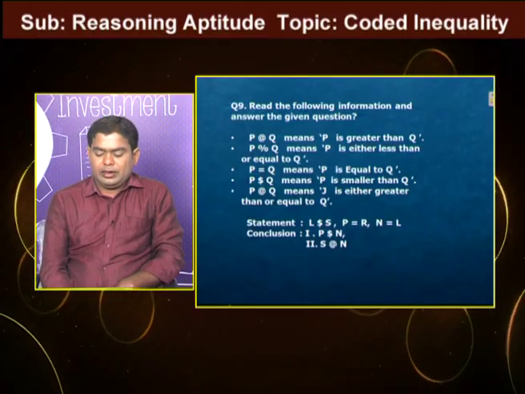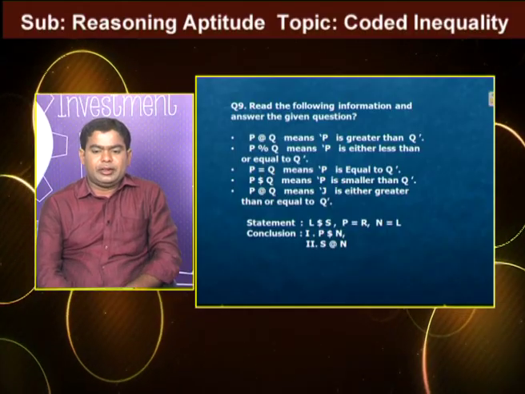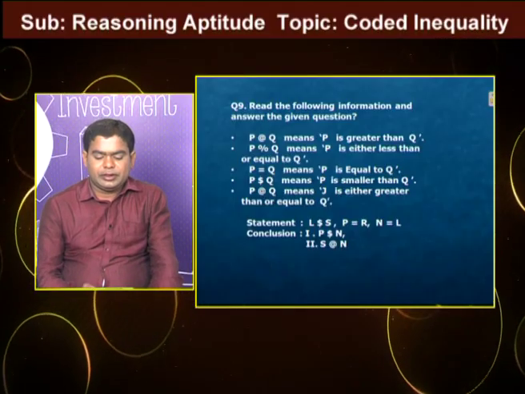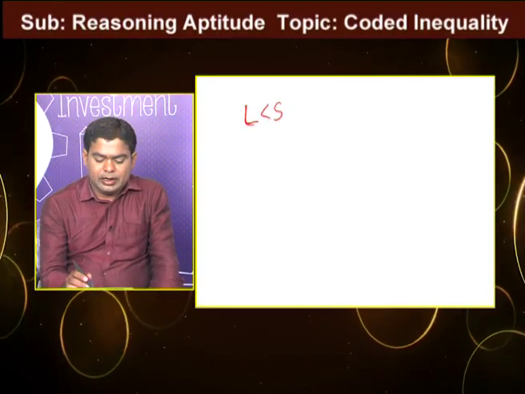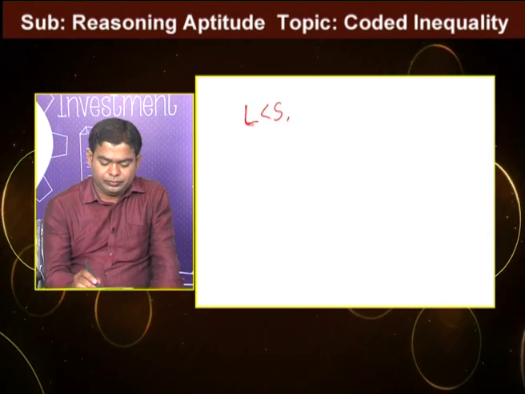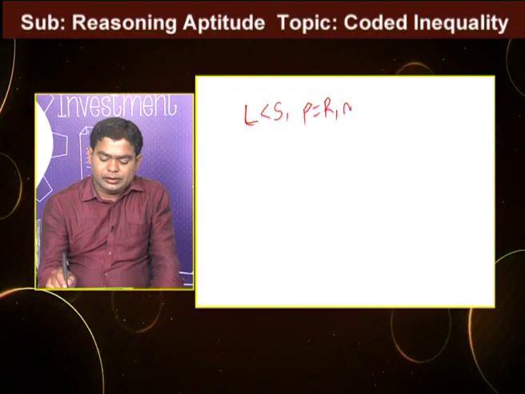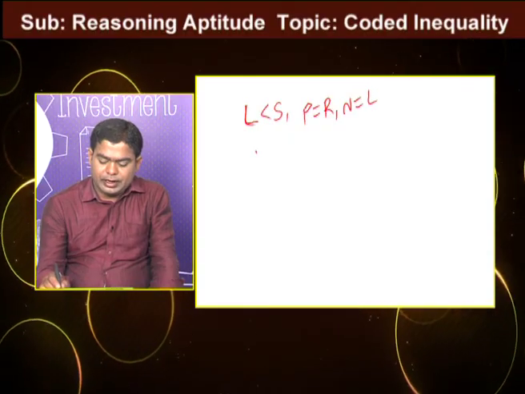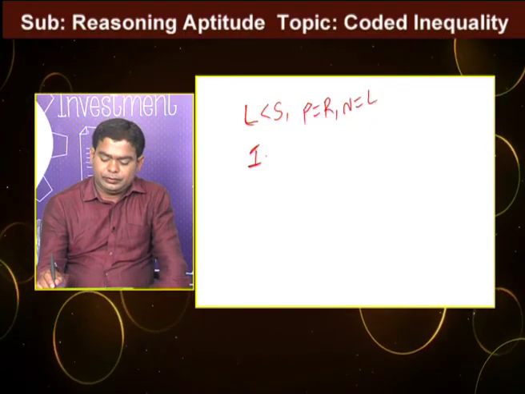L dollar S, P equal to R, N equal to L. Conclusion 1: P dollar N. Conclusion 2: S at the rate N. So we solve the question. By observation, the statement is L dollar S, where dollar is denoted less than, so L less than S. Again P equal to R, and N equal to L. This is the statement.